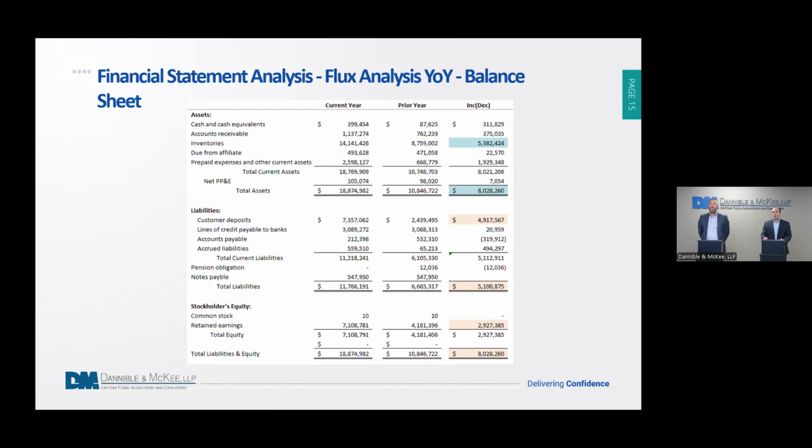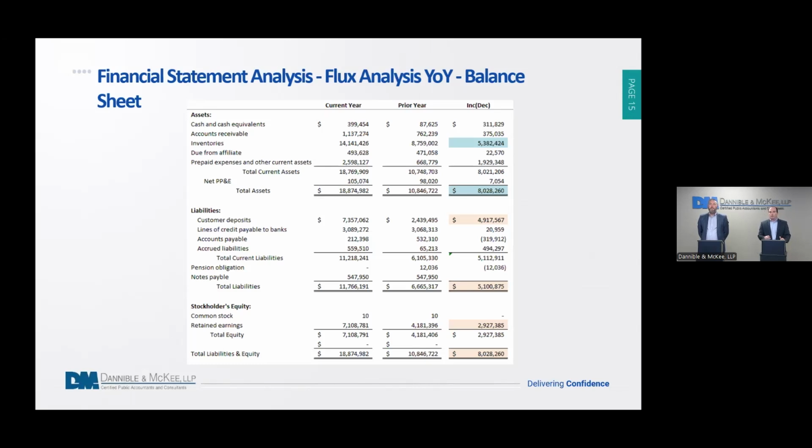Why did that happen? You'll see highlighted there, my inventories increased by $5.4 million. So part of this exercise would be, were you expecting your inventories to increase that much? What activities did you do throughout the year that might have accelerated those inventories? Was there a softening in demand where maybe you have inventories sitting there longer than they usually are?